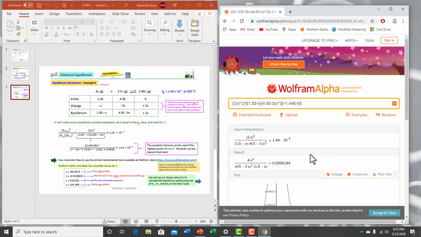You may find a phone app or some other program that would help you or you like more than Wolfram-Alpha, which is fine. It's just that this is something that you just can't do by hand, and having some program to solve equations like this will allow us to do some more interesting equilibrium problems.